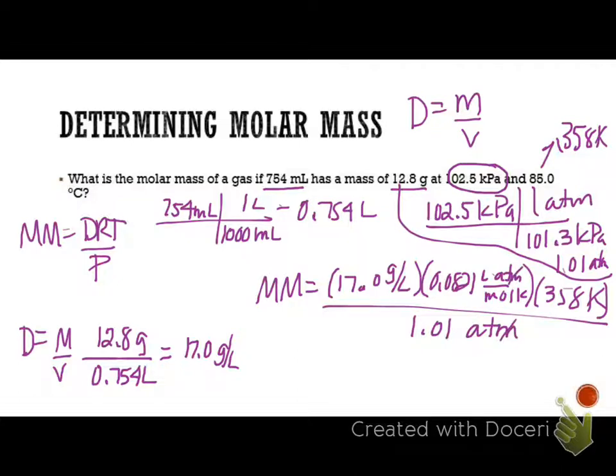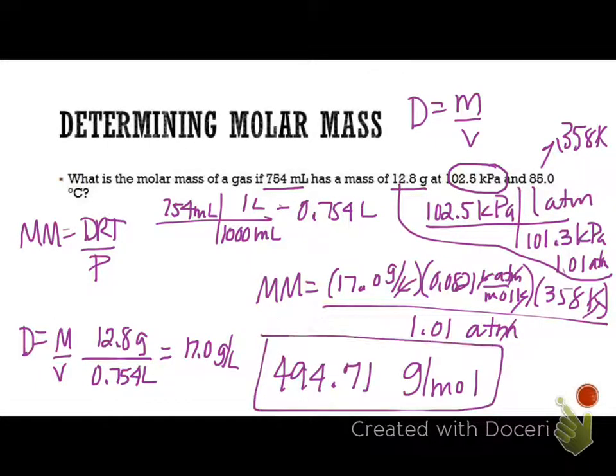When I do all my canceling, I'm left with grams per mole. And when I put that into 2 decimal places, I get 494.71 grams per mole.